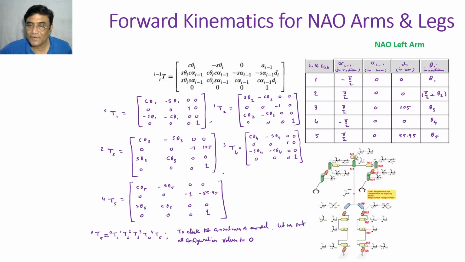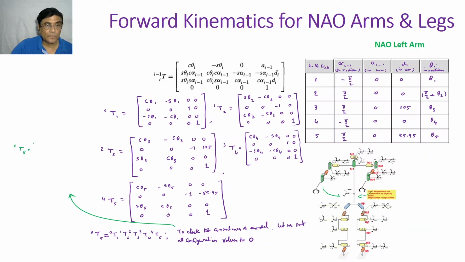All these configurations are 0, so this will be a straight arm hanging from the body, the configuration where all the theta values we are putting 0. And then you will see that in doing so, you will get something like this.